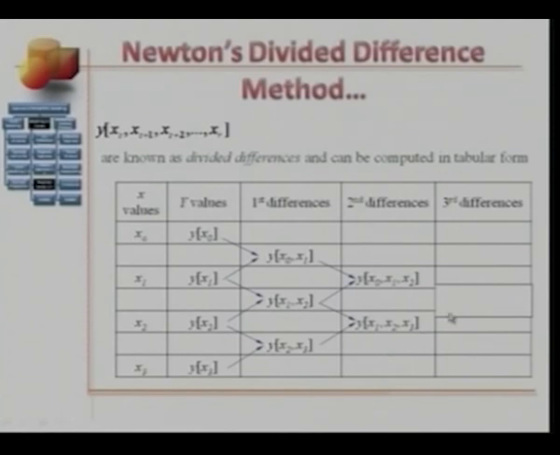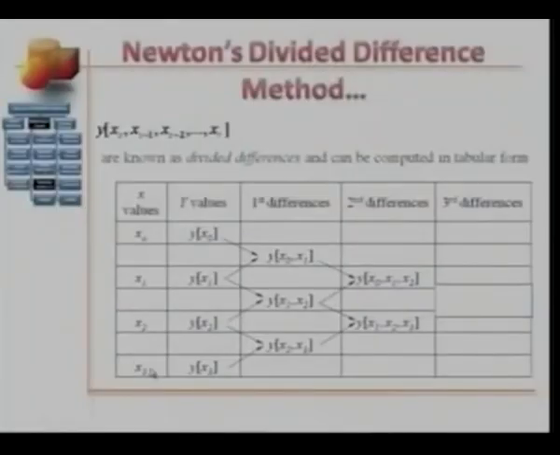And finally, the third divided difference for this example will be this number right here minus this number right here over a larger interval. This number minus this number.